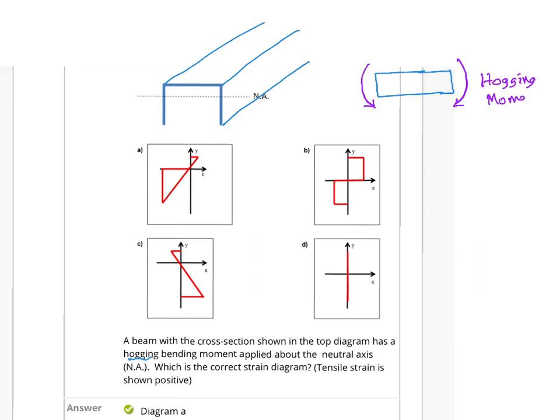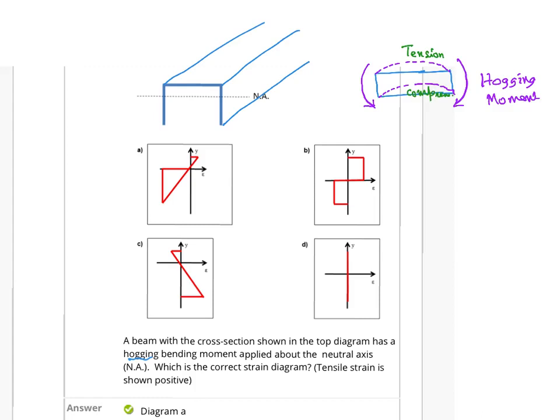The hogging moment will bend this beam in this manner. If you remember the sponges and those other things that we used in the class, you will see the top bit will be under tension and the bottom side will be under compression.